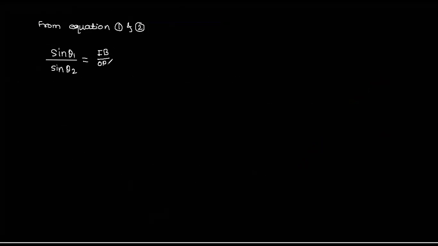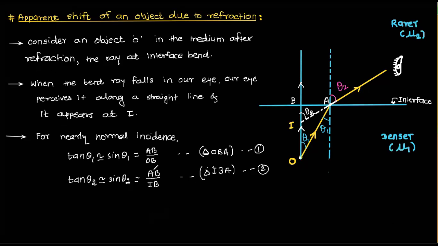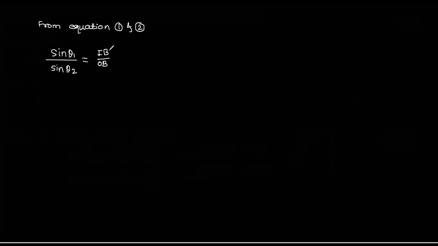How did we get IB by OB? AB will get cancelled when you are dividing. Shall I show you that also? I think not necessary. Right? Is it necessary? Okay, I will show you. Wait.